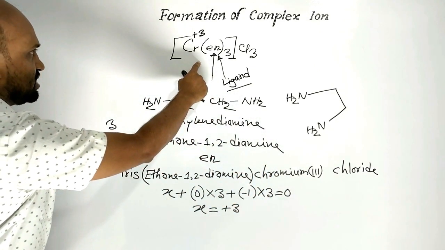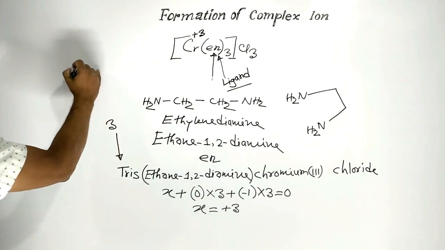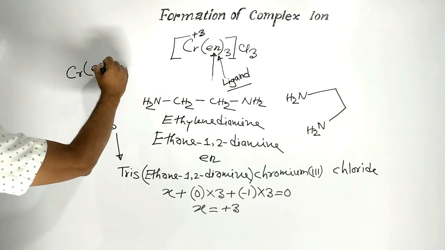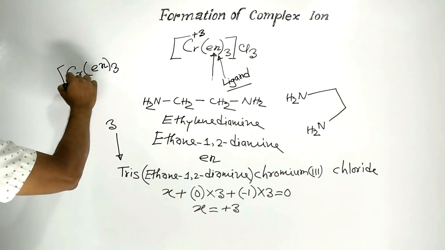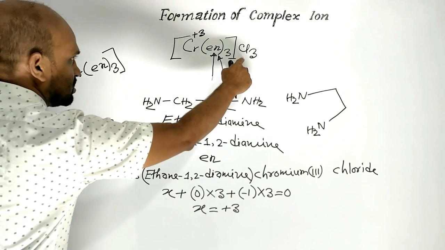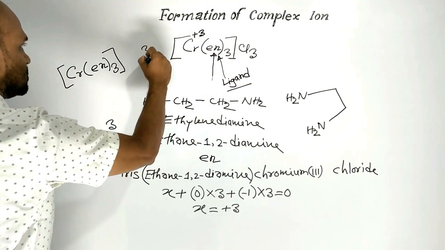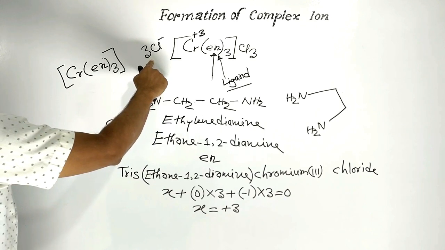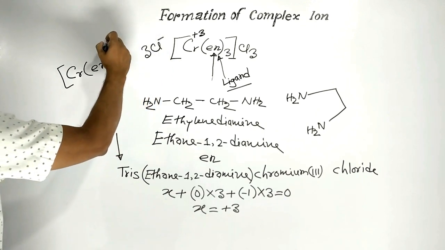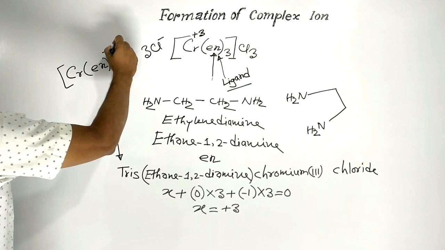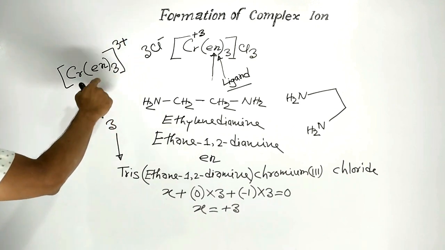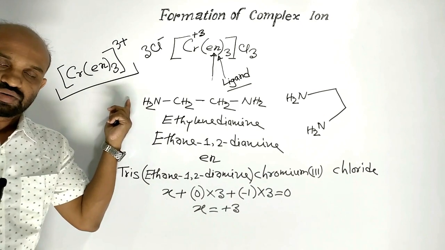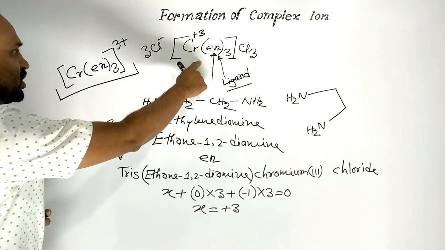Now let us write this compound in ionic form. Chromium N3, here 3 chloride ions. Total -3. That is why here 3 plus. So this is the complex ion in this compound.